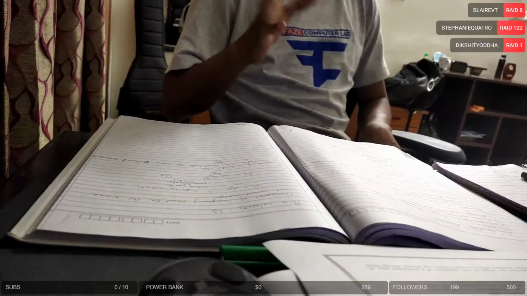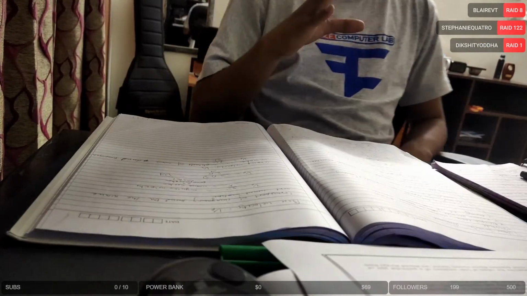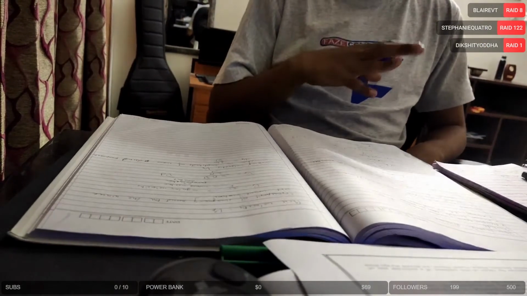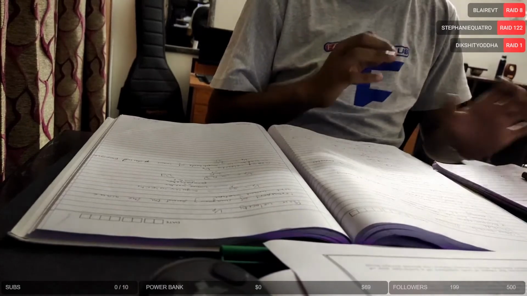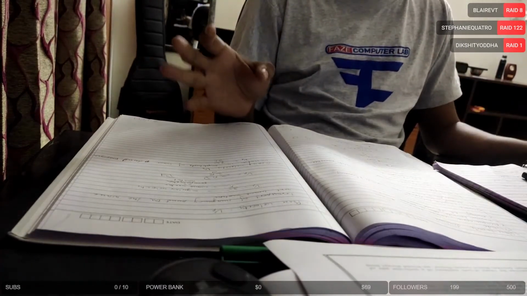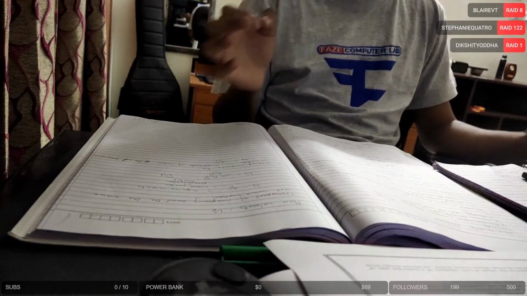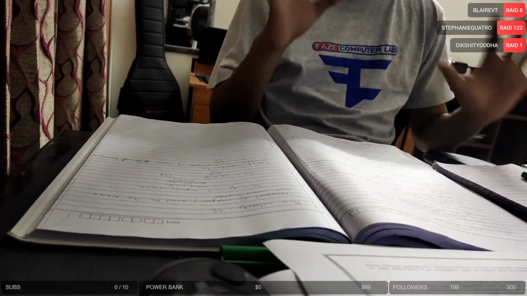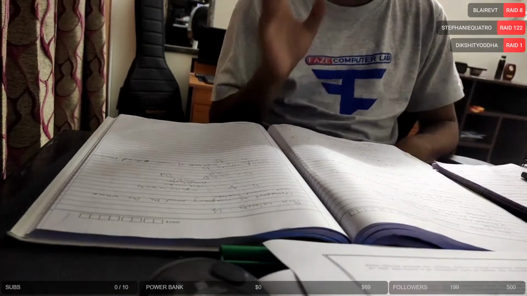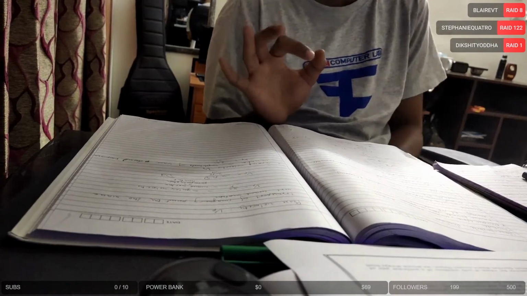EV is given to us. Okay, we calculate all that. H is equal to 6.625 into 10 raised to the power minus 34.